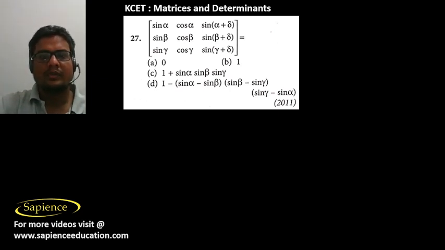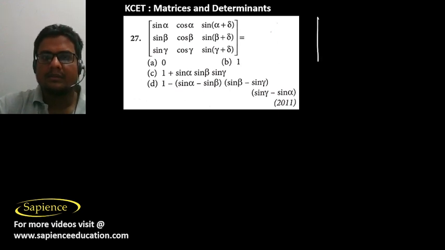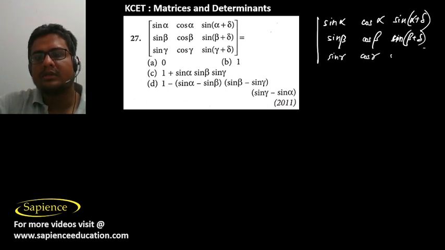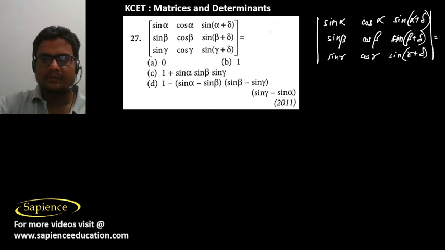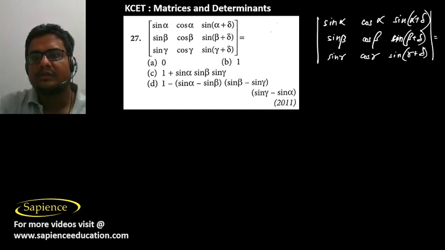Then in question number 27, it is told that the determinant of [sin alpha, cos alpha, sin(alpha plus delta); sin beta, cos beta, sin(beta plus delta); sin gamma, cos gamma, sin(gamma plus delta)] is equal to how much? So now we can expand this.